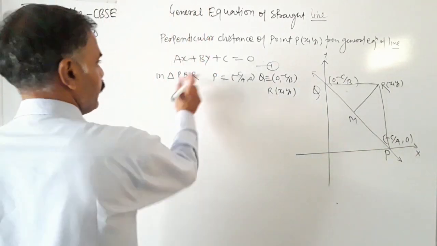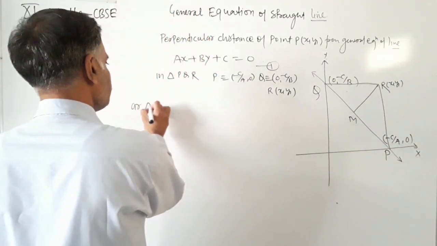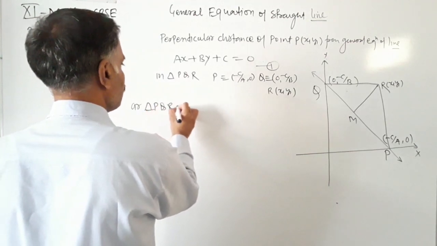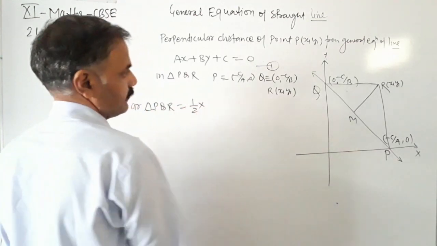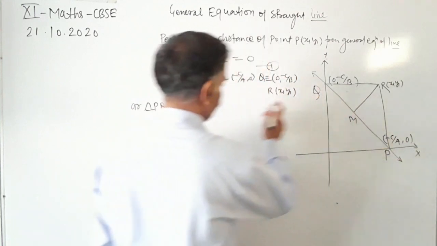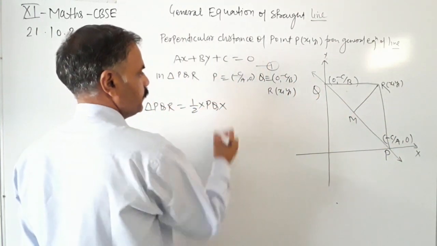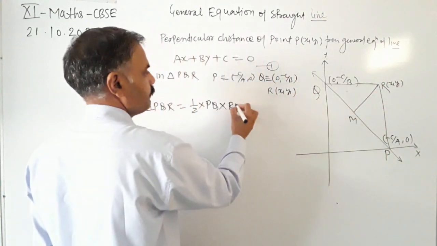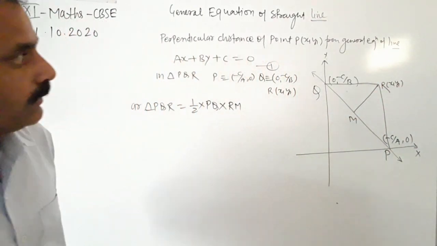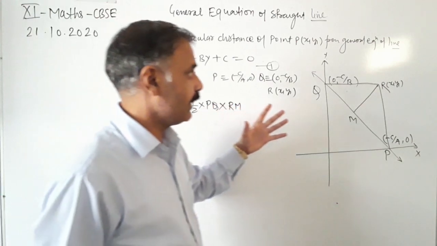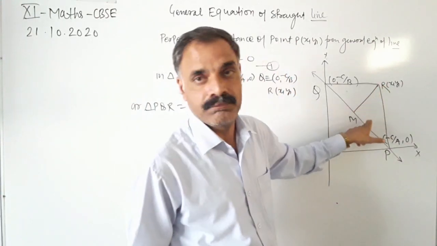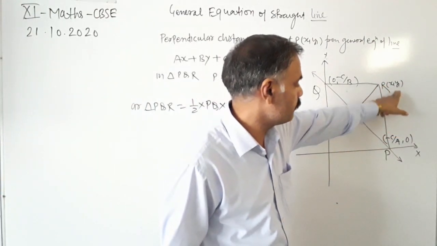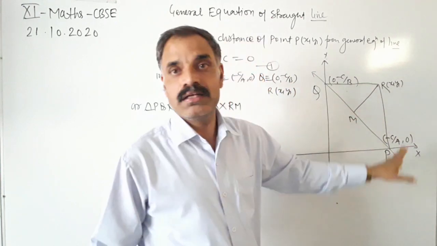Okay, now in triangle PQR, area of triangle PQR is equal to half of the base, that is PQ, into height, that is RM. Now our target is to find the distance of the point x1 y1 from the line, that is RM.